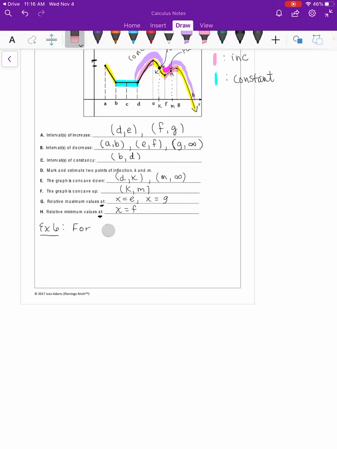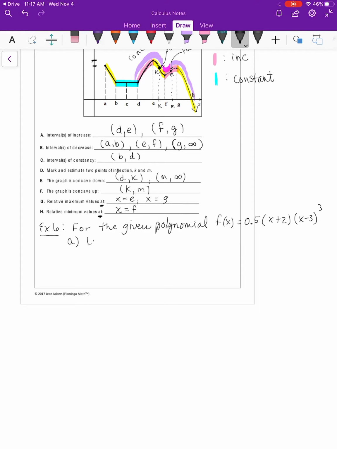But I'm going to do this one with you. So it says, for the given polynomial f of x equals 0.5 times x plus 2 times x minus 3 cubed.